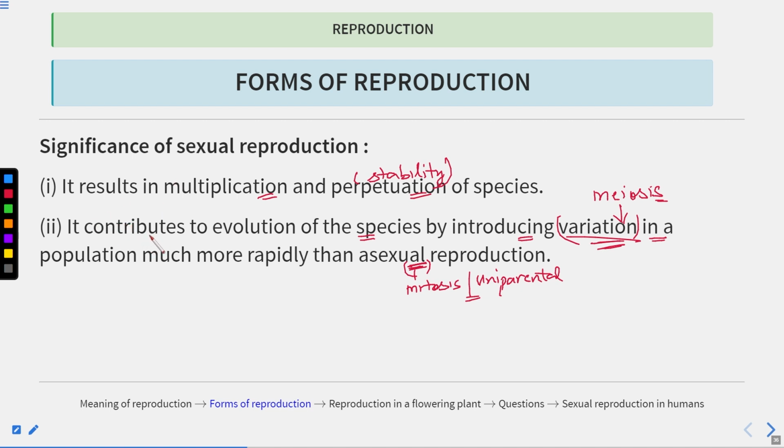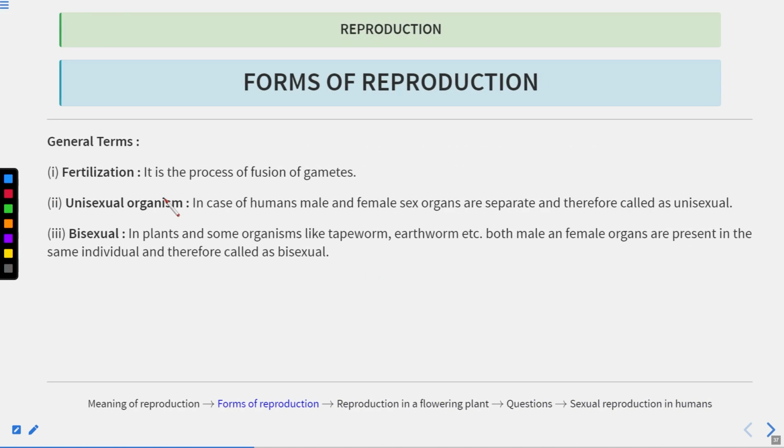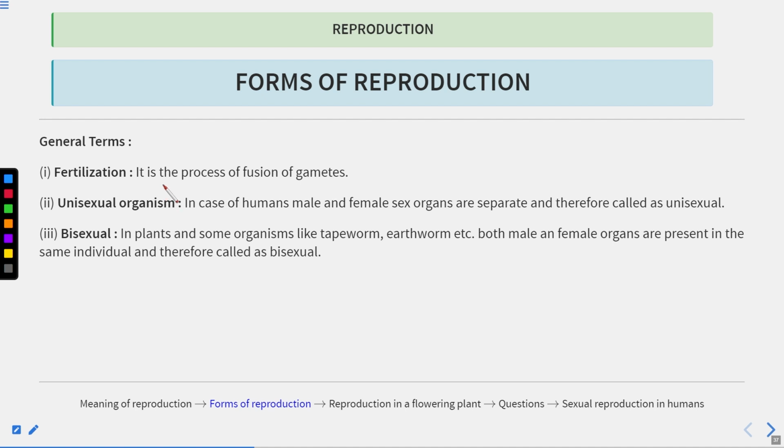Sexual reproduction contributes to the evolution of the species by introducing variation in a population much more rapidly than asexual reproduction. So asexual reproduction doesn't lead to the evolution of the species because there is no variation. Okay, this is clear.